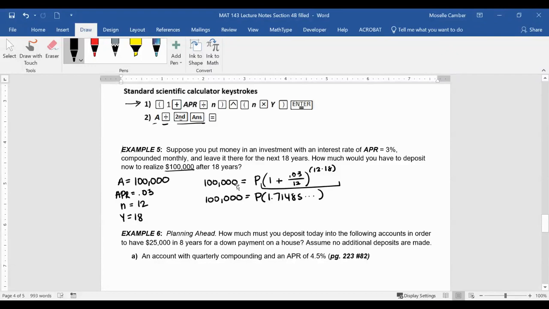Now, you can write it all out, but again, I recommend just leaving it in your calculator and then just doing, whereas before we did P times that, now we're going to do A divided by that answer. So 100,000 divided by that 1.7 and so on, and you get an answer of 58,314.11.